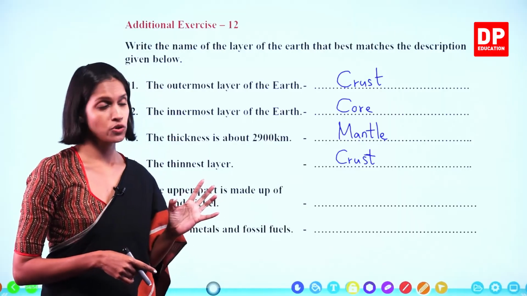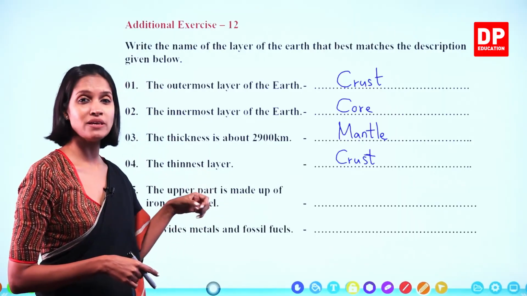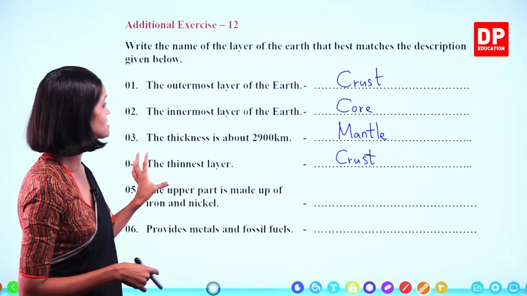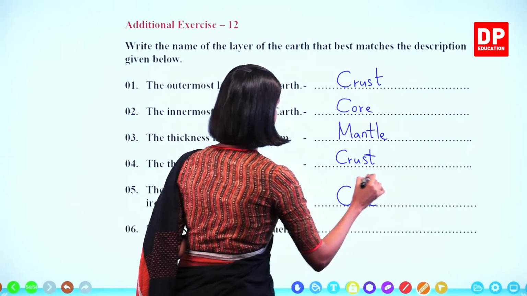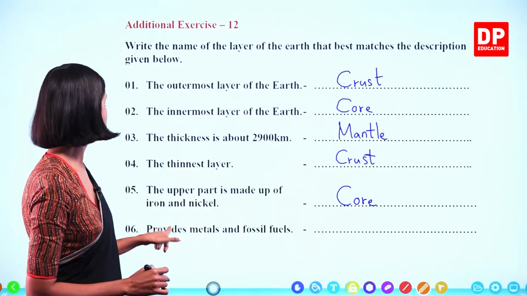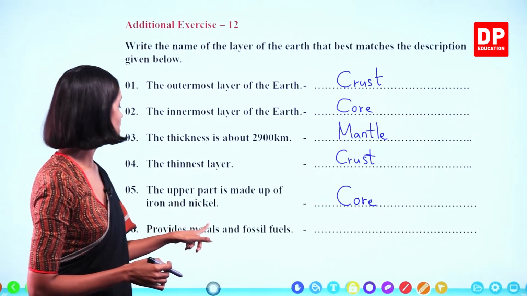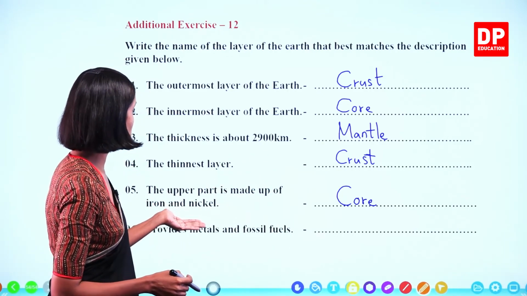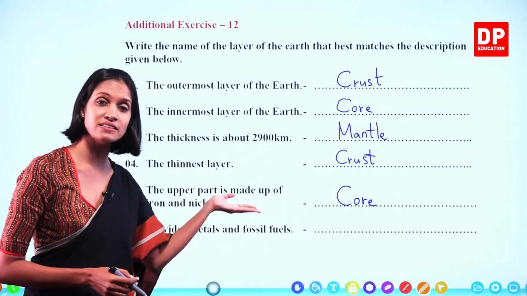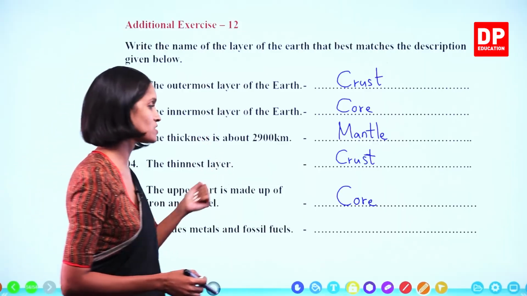That is the core. So what does this upper part mean? The outer core. Therefore, what is this particular layer? That is the core. Right. The last one. Provides metals and fossil fuels. Which layer provides metals and fossil fuels? That is the crust, the outermost layer.